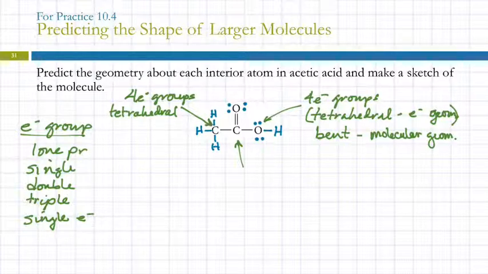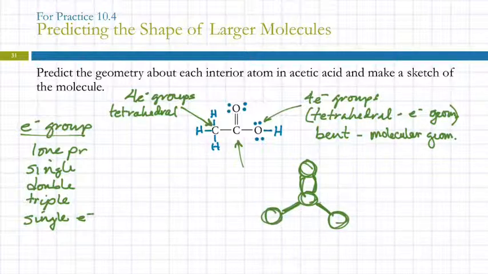I'm going to start with that central atom. It's got a double bond to the oxygen up here. It's trigonal planar, so these angles are roughly 120. Here's my oxygen. Here's my other carbon. This oxygen is a bent structure with the hydrogen, so I can draw that in the same plane.